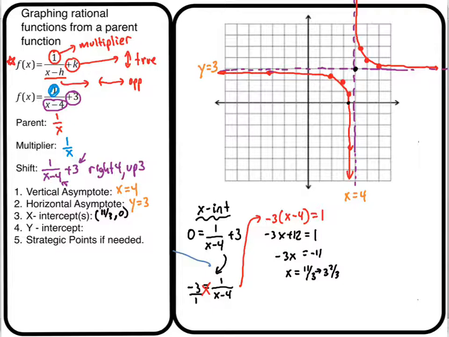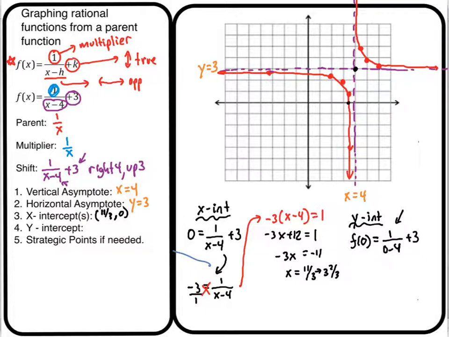Now, the y-intercept is going to be pretty straightforward. It's just plugging in 0. So if I go f of 0, that means I would have this right here, which is going to be a negative 1/4.